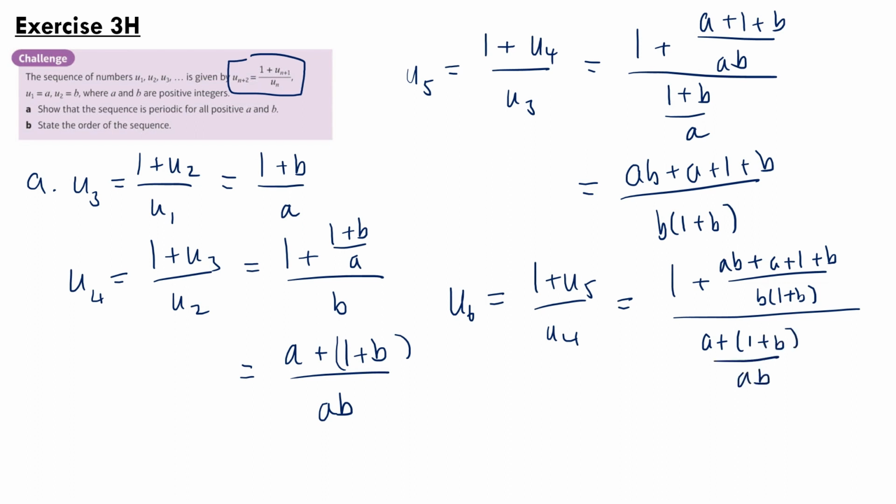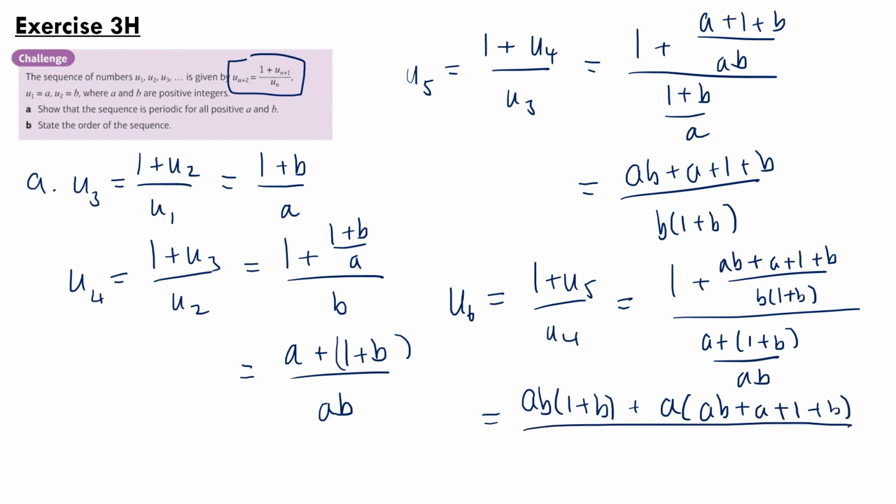And now if we multiply top and bottom by ab(1 + b), then we're going to have a lots of (ab + a + 1 + b) on the numerator, and on the denominator we're going to have (1 + b) lots of (a + 1 + b).